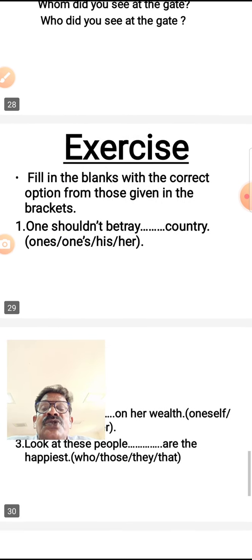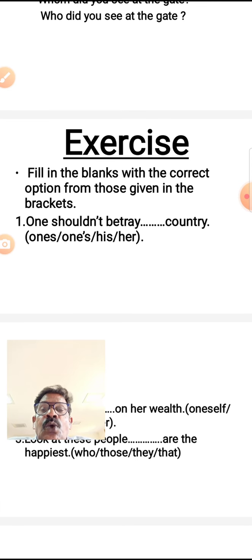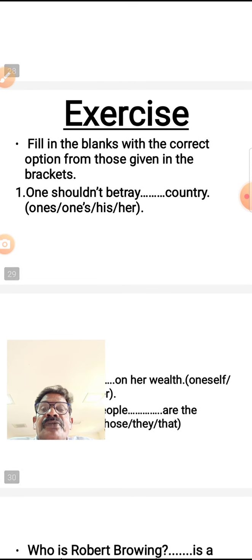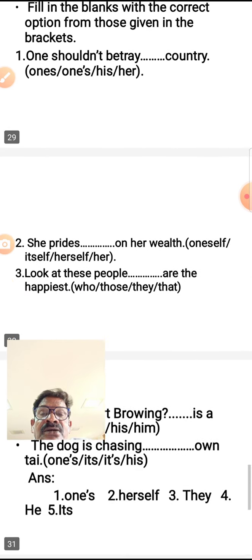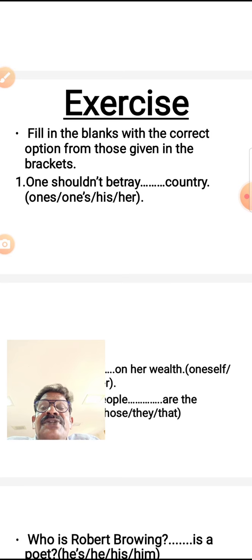Okay. So, some exercises are also given to you in your textbooks for your knowledge. I have done it for your sake. Fill in the blanks with the correct option from those given in the brackets.